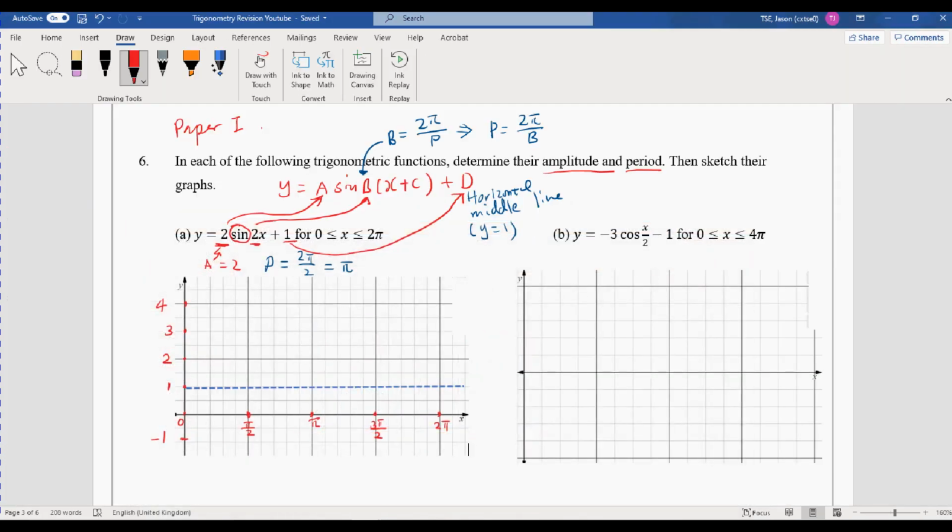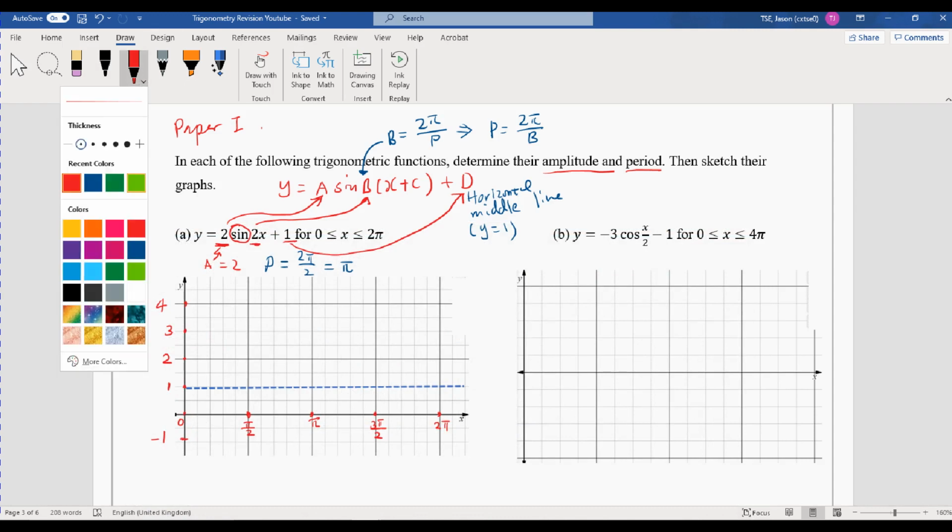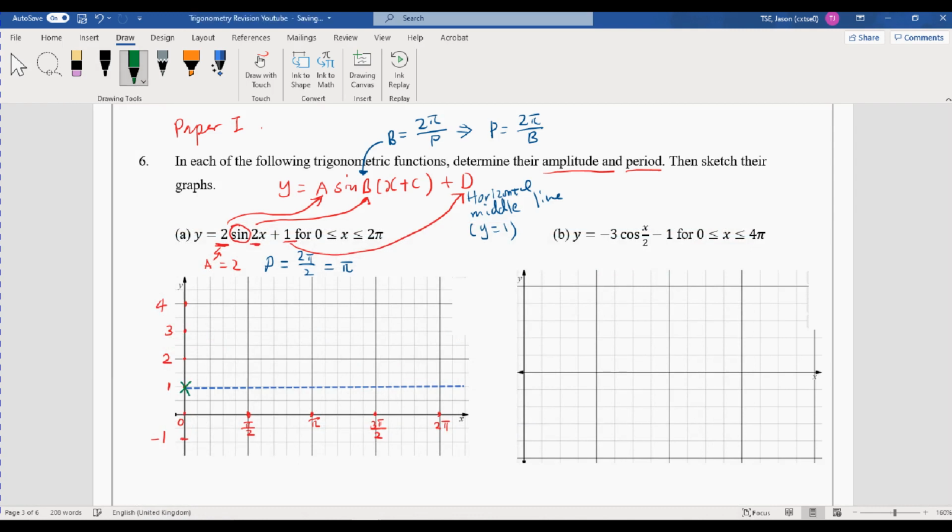So if that's a sine curve, the first point should start right here, right on the middle line. And remember the period now is pi. So that means for the sine curve, you pass through these 3 points, and where is the highest point?